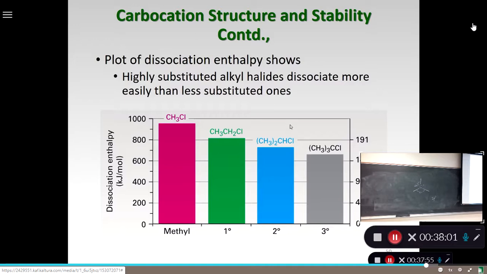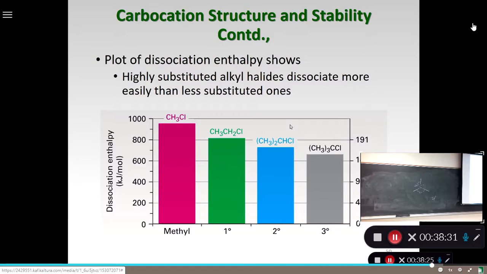You borrow some money, and then let's say you have some good friends around you, and they pitch in to pay the loan somewhat so that you don't have to pay as much interest. So these good friends are actually your R groups or substituents. They basically push electrons towards the carbon that contains the positive charge, and therefore the positive charge intensity will be less, so it will be more stable.